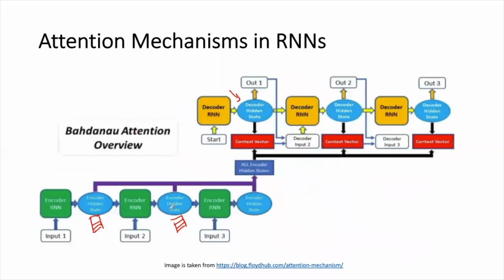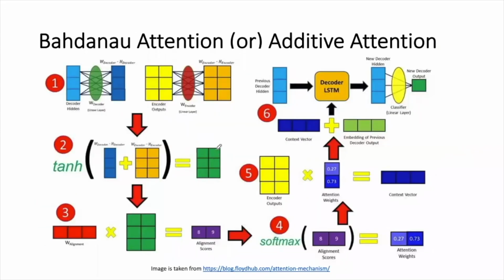In this example, if we had three inputs, we would have a matrix with three columns. Here we have only two columns, because we are considering only two input words.